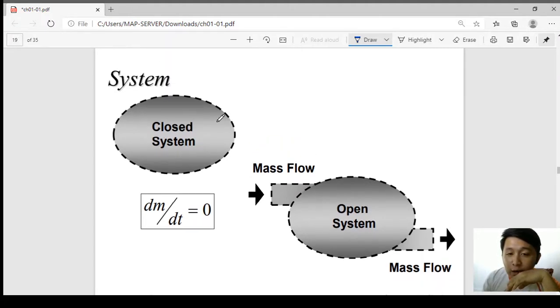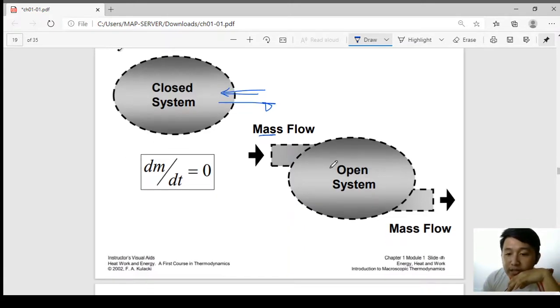A closed system is a system that has energy flow but no mass flow. The mass flow here is the mass of gas, which we will understand better later. In a closed system, the energy can be in the form of heat or work.